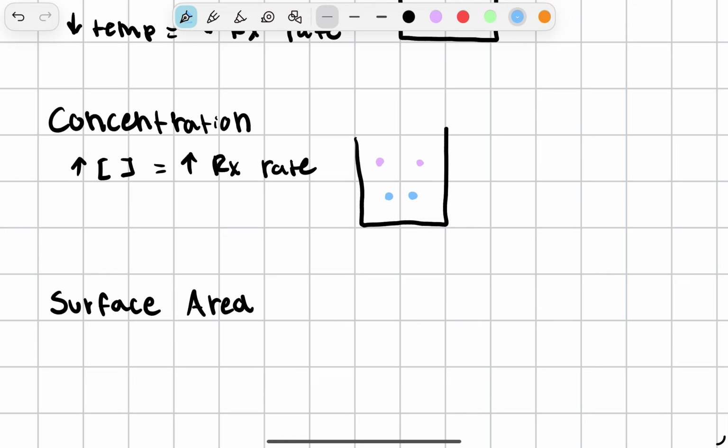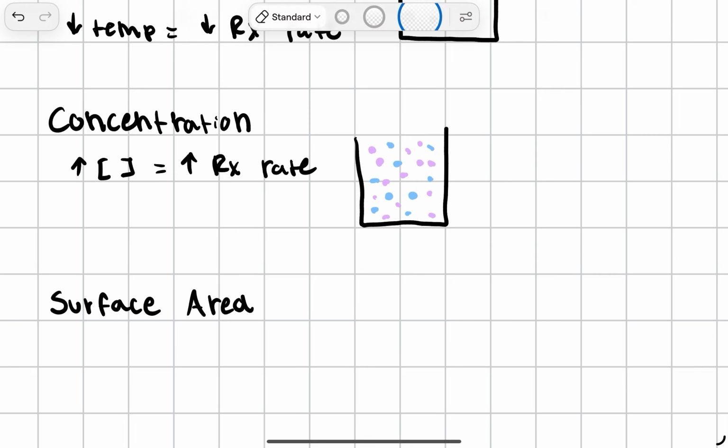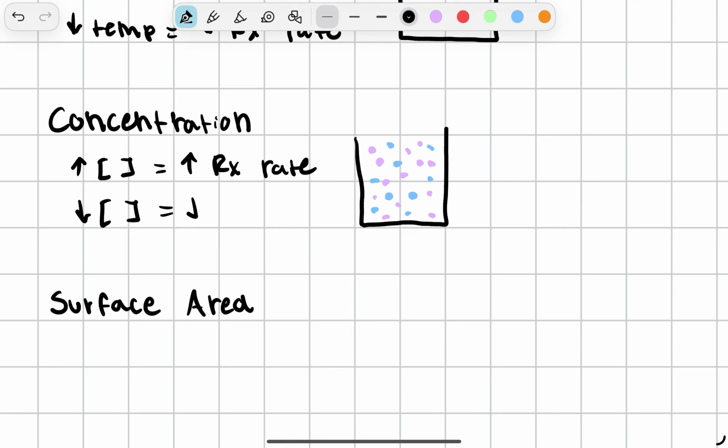There's just too much empty space. But if we add way more particles to this beaker, there's just way more particles moving in constant random motion, and there's a higher chance one of them will collide. The opposite is true if there is a low concentration. That will decrease the reaction rate.